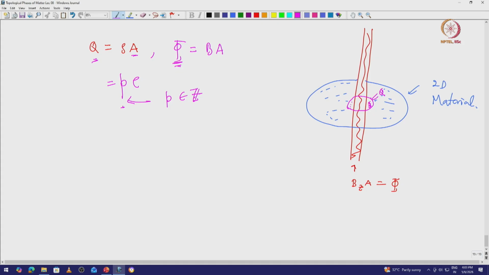So, the electrons in the cyclotron orbit will be indifferent to the change of magnetic field until one charge is removed from this area or added to this area, depending on whether the flux is along this way or the other way, or whether we are increasing or decreasing the flux.